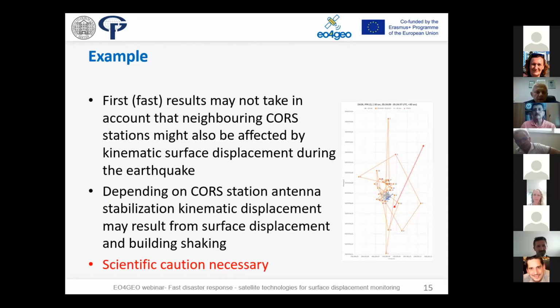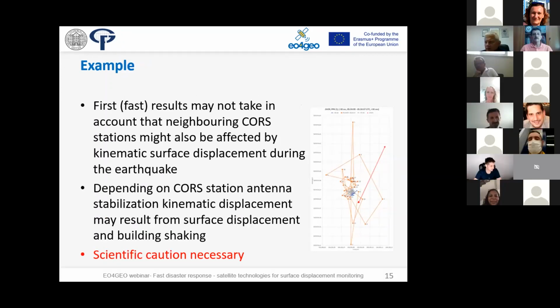So you are trying to compute a relatively big amount of the data, because you want to have a picture before the earthquake and after the earthquake. And you have a lot of reference stations. You are using 1 second, 1 hertz registration rate, or even higher if you have such receivers.